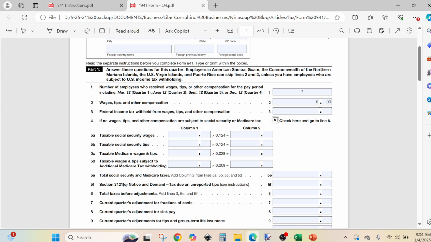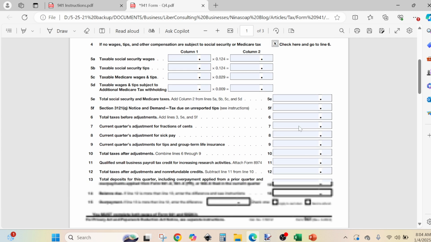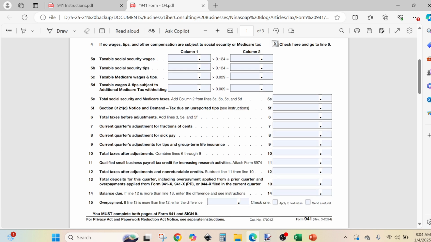So line 6, total tax before adjustment, which is the total of 3, 5E and 5F, is going to be 0, so we will leave it blank. Line 7, current quarter adjustment for fraction of cents, we are going to leave blank if we do not have anything there to report. Line 8, current quarter adjustment for sick pay, we leave blank.